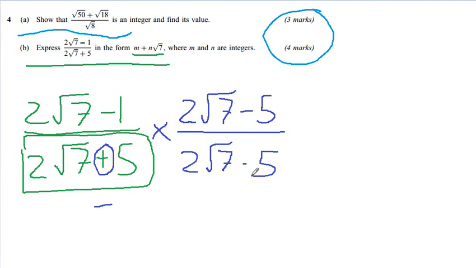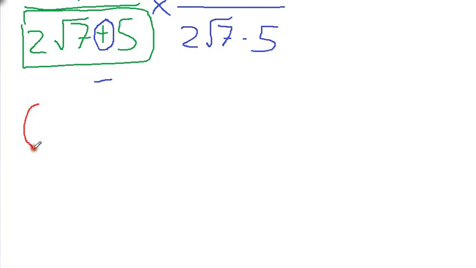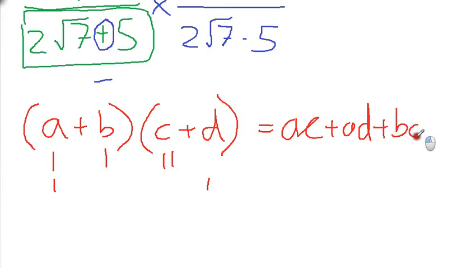Well, the reason why it works is, let's give ourselves an example. When you have A plus B times by C plus D, then you have this one times this one, so AC, then A times D, plus AD, then B times C, plus B times D, BD.